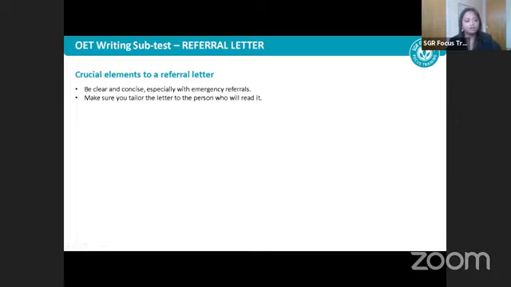You need to tailor your letter to the person who will read this. It means that, again, as a reminder, you don't need to memorize different letters and how they are written. Every letter is different. You need to treat every case note, every letter, the way that you will treat a patient.